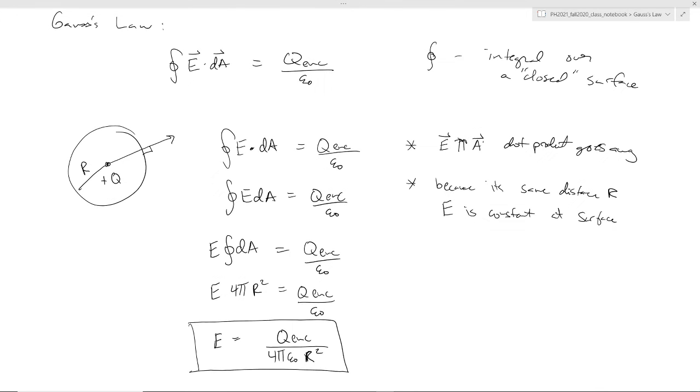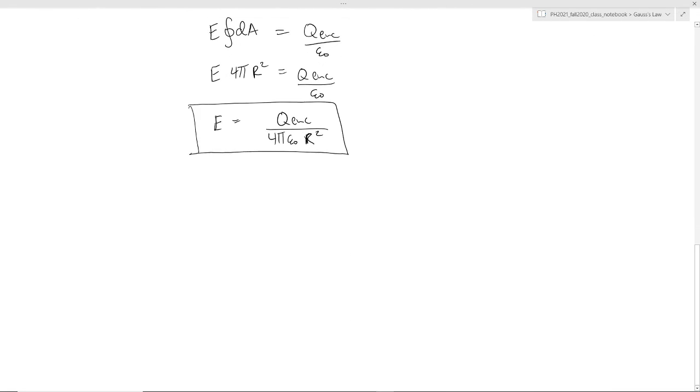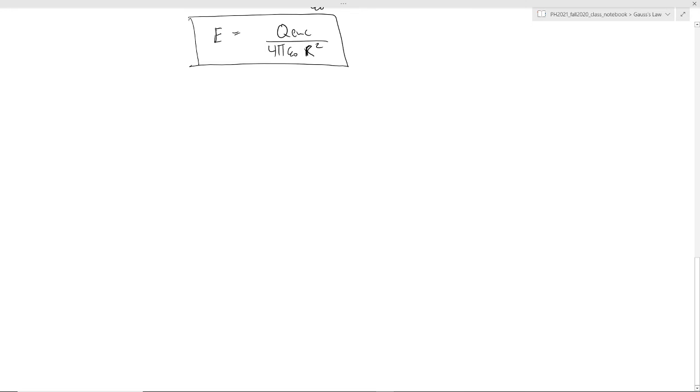Let me show you another situation that we looked at before, and I think you'll see how this can be pretty useful. So that's the line charge. For this situation, we have a linear distribution of charge, and our Gaussian surface would be a cylinder that's concentric with this line of charge.